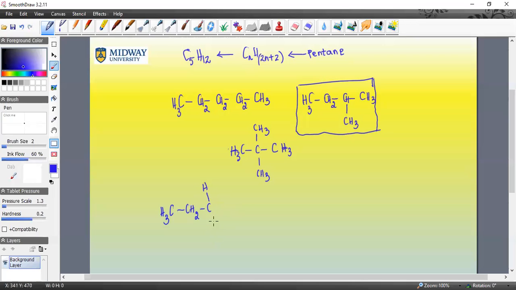For the time being, I'm showing you the full structure, but as we learn more and more, I would resort to condensed line structures.